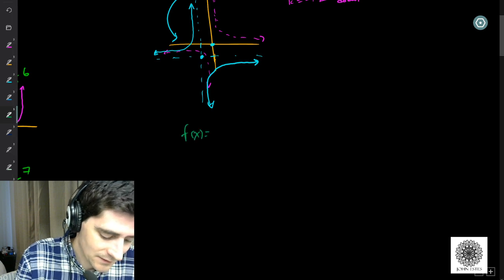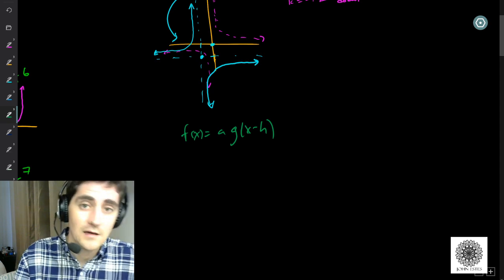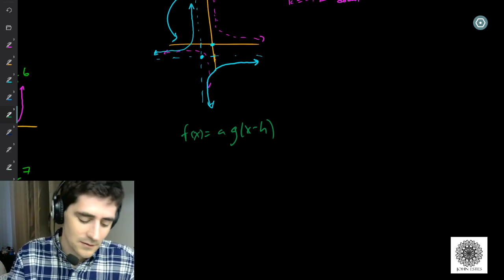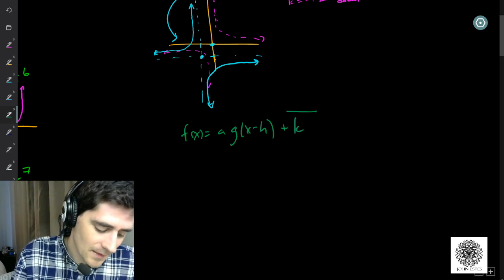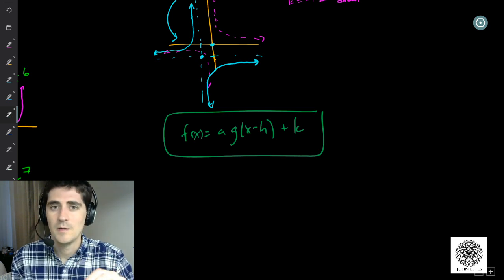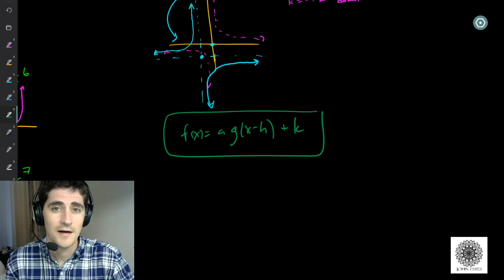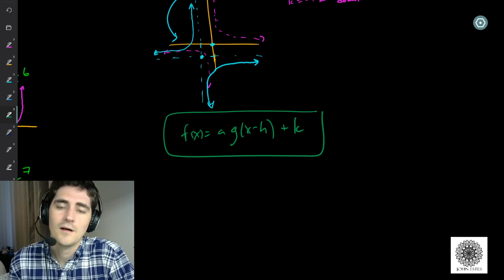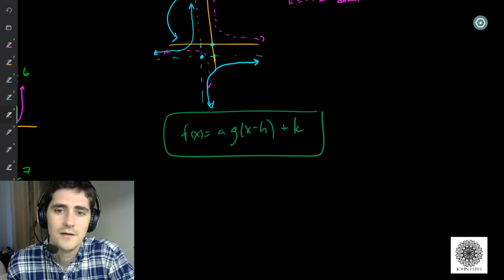If you have f of x equals a times g of x minus h, it means you plug in x minus h into the function, plus k. That's your general transformation formula. It's very powerful. A is a stretching factor, h is a horizontal translation, k is a vertical translation, and it works just like that. You can use Desmos.com to check your work. Make sure you're doing it right.